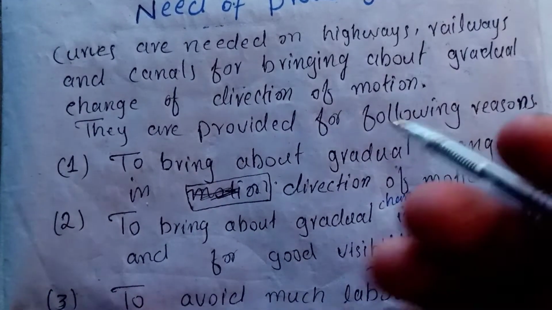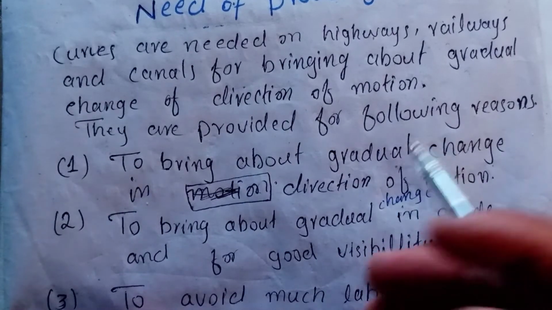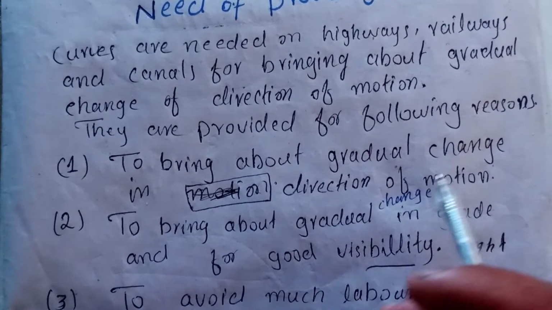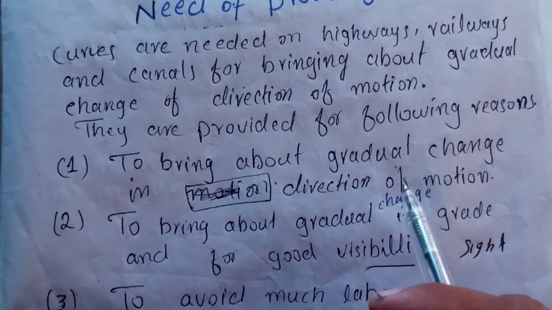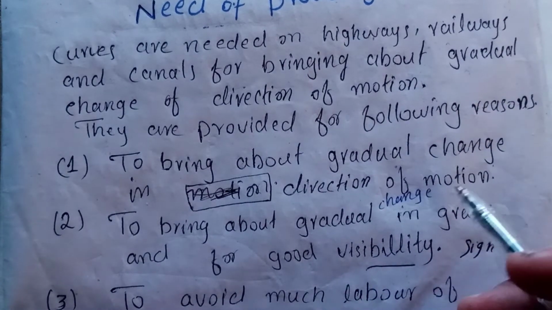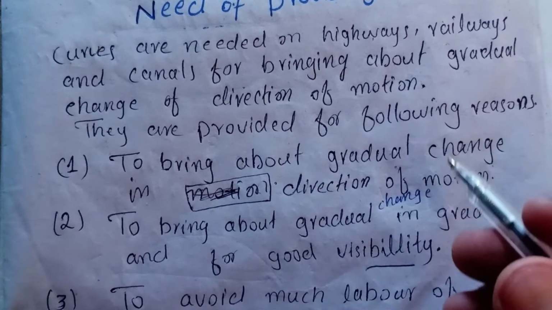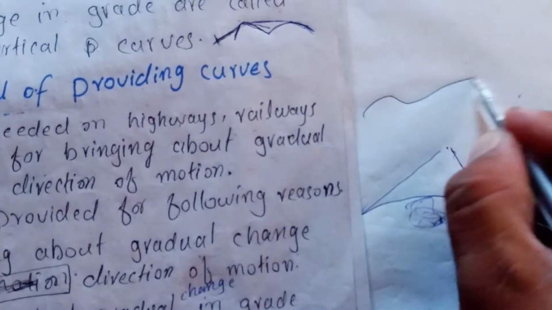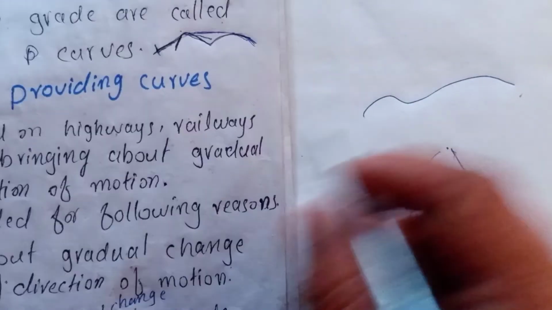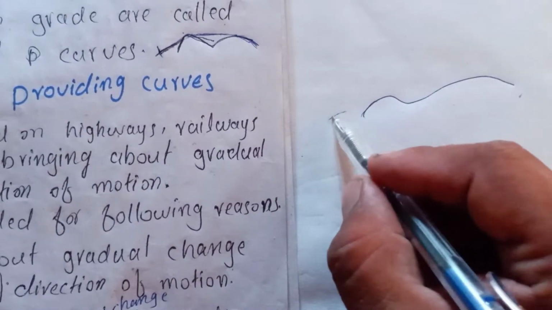This point is related to the vertical curve, and when we require good visibility, it means we need to get sight distance. And the second way is that we should get a gradual change in grade. It is just like a road and a mountain, and the road is constructed from this point.